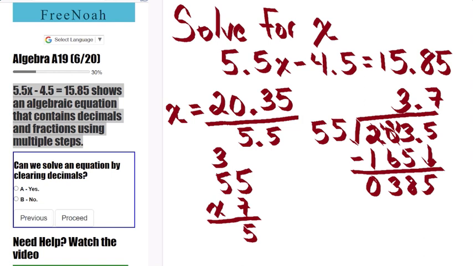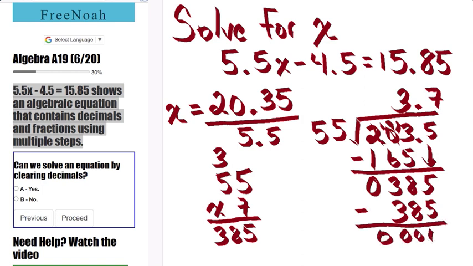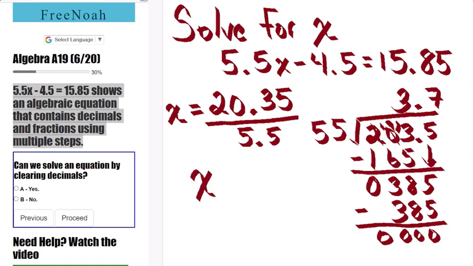Drop down the 5, carry over the 3. 5 times 7 is 35, plus 3 is 385. 385 minus 385 equals 0. So here, in decimal form, we have x equals 3 and 7/10.